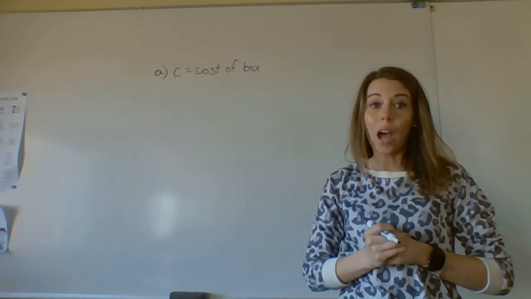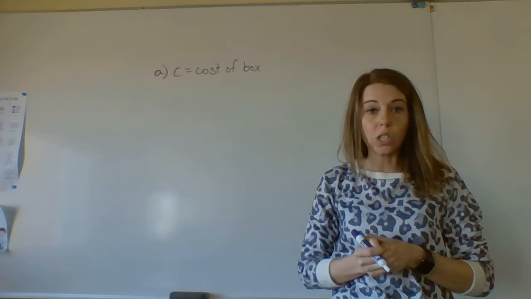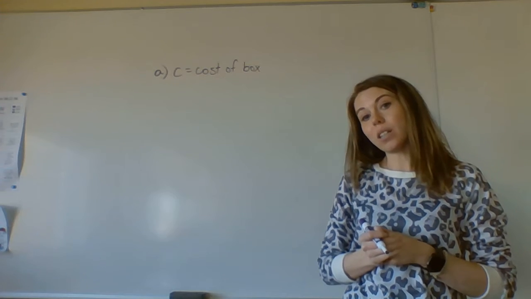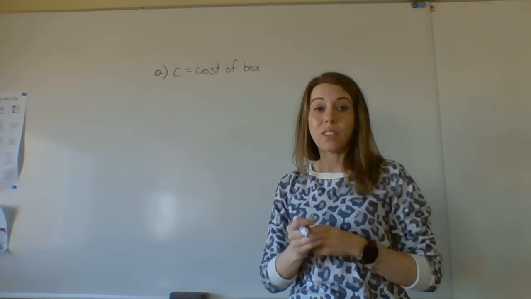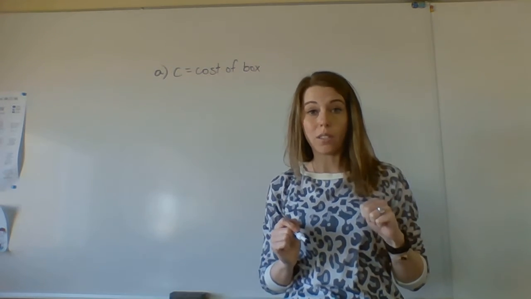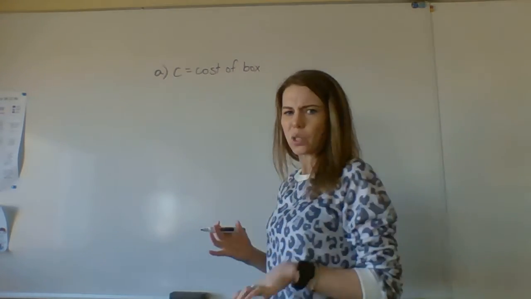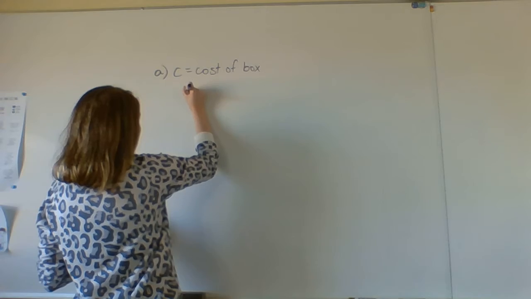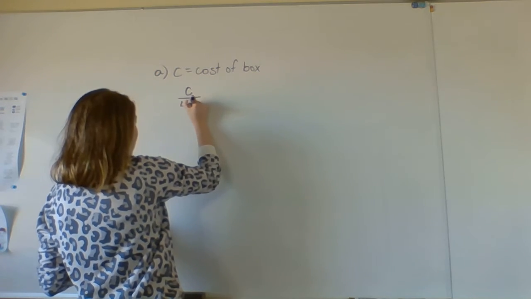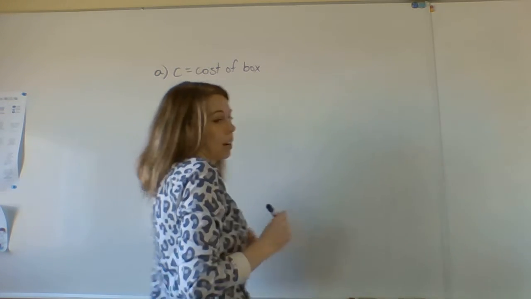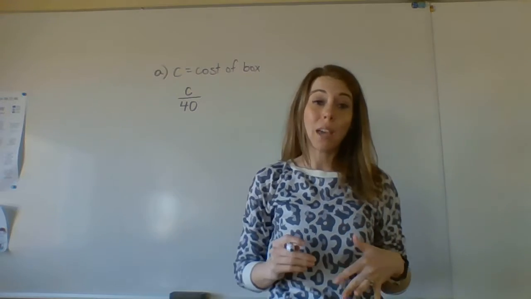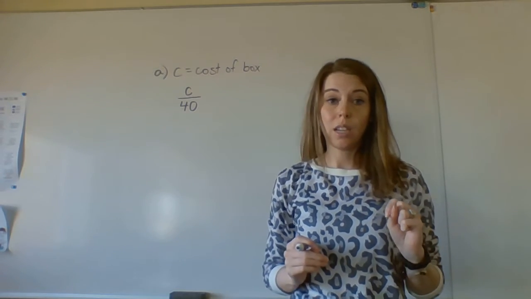So when I'm making this equation, I know that there are 40 t-shirts in a box. So the cost of the box divided by the total number of t-shirts, so cost divided by the 40 t-shirts in there, that's how much they pay per t-shirt.